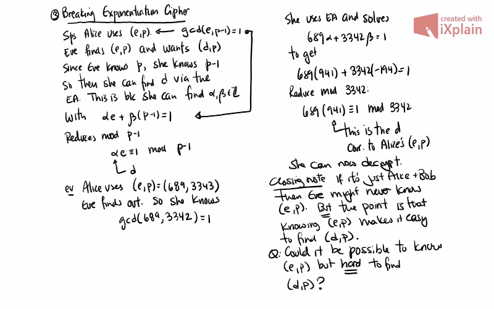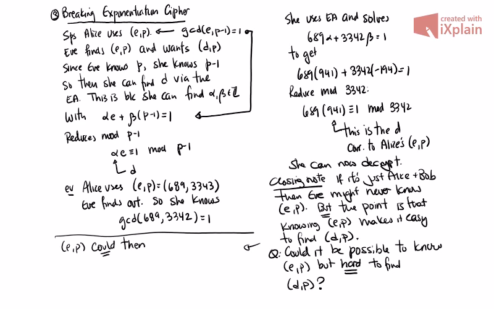Because then, for example, Alice could just tell everybody, here's E, P, that's it, and nobody could decrypt except for Bob, who she told D, P to. So E, P could be public.